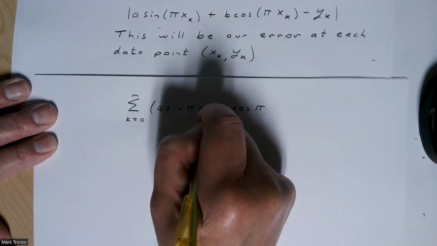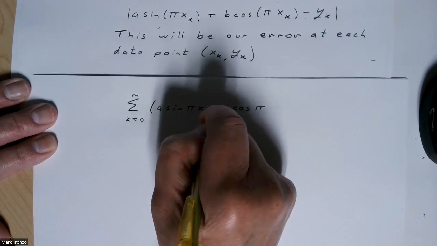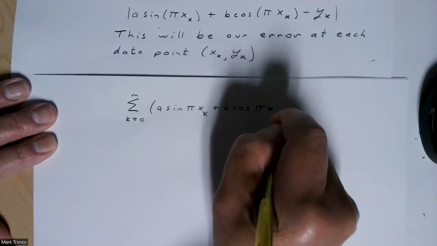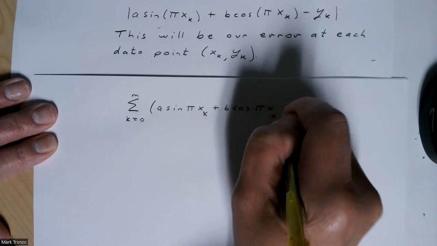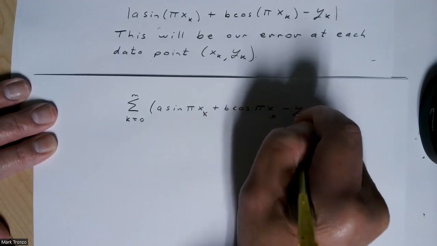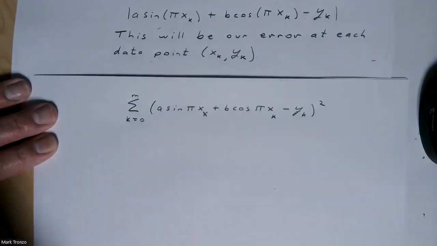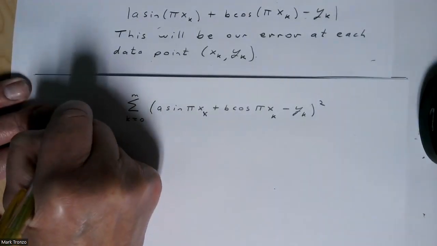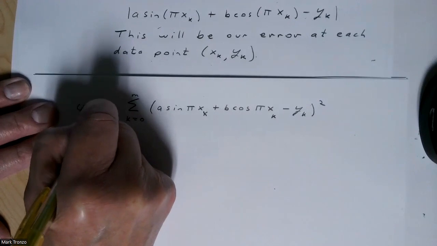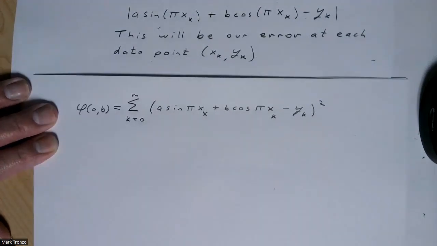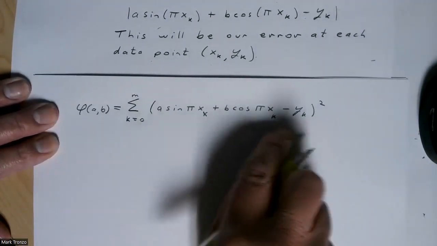And again, this will be our xk, squared like this. Again, we'll give this function a name. You can give it a different name. We'll call this psi.